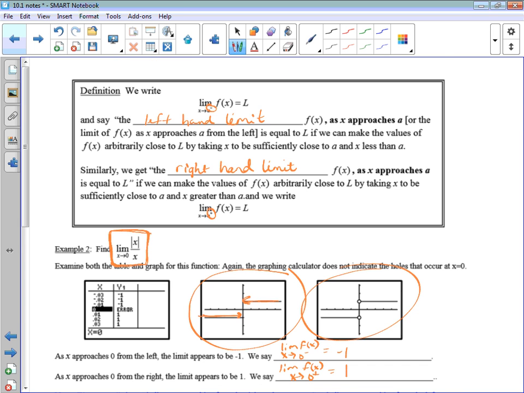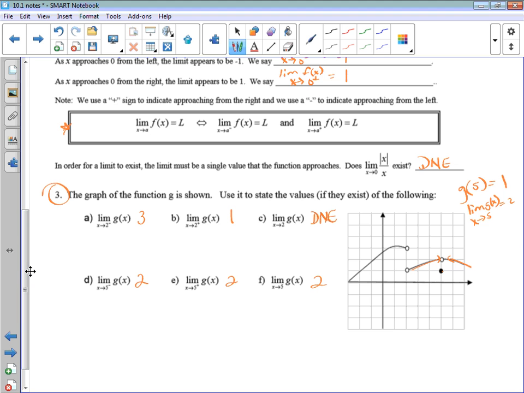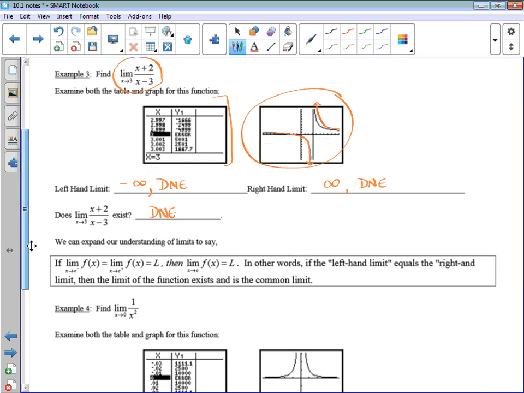The difference here: this was approaching, yes, we had a hole there, but it's approaching 2, right? 2 is a defined value, correct? Here it's approaching infinity. Is infinity a defined value? So that's why it doesn't exist, because it's just going to keep going forever.